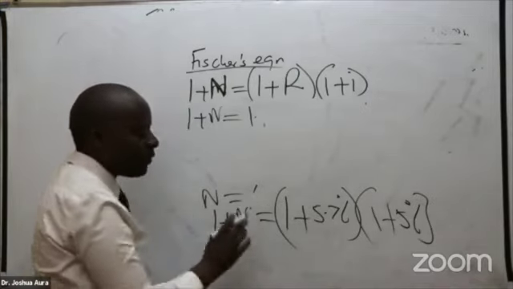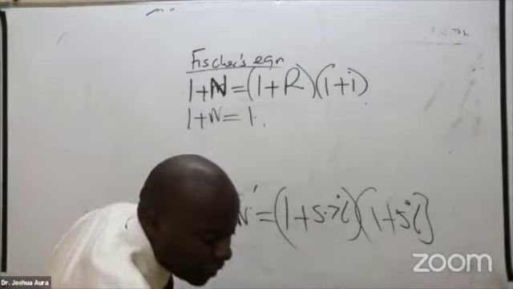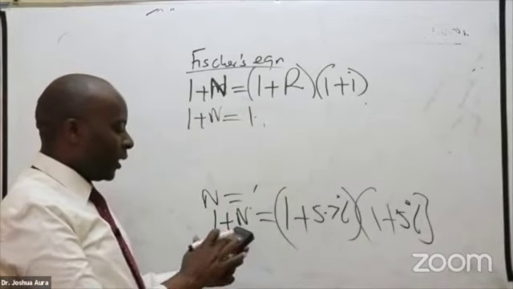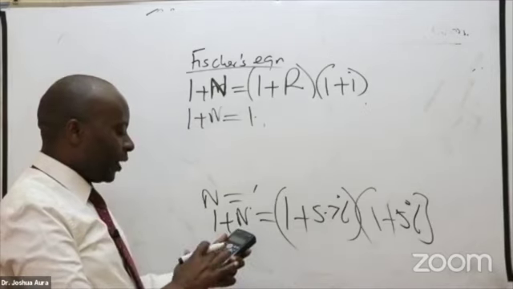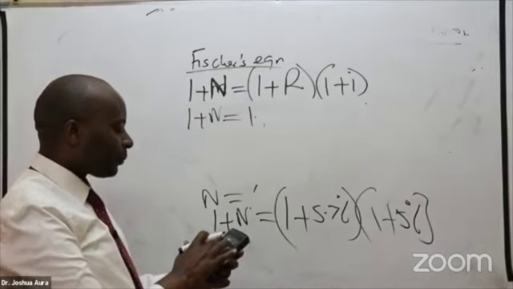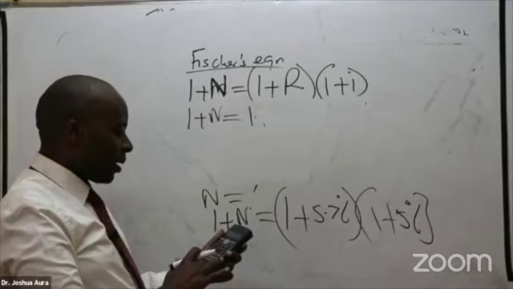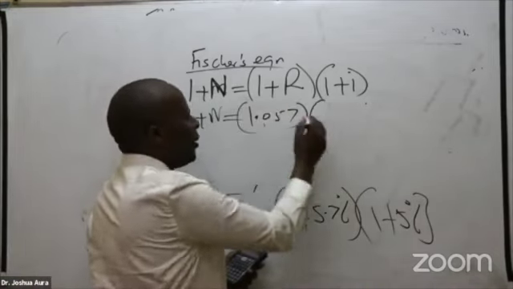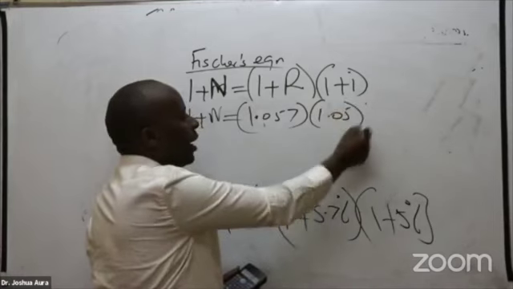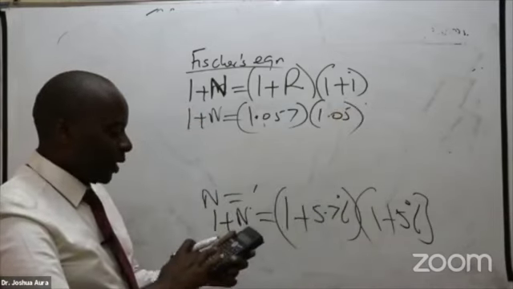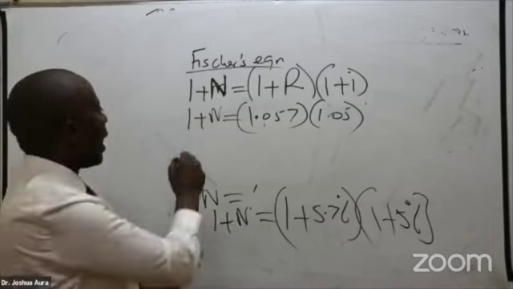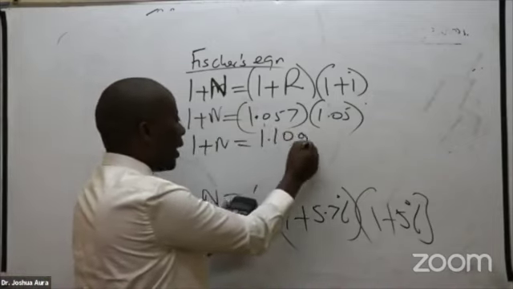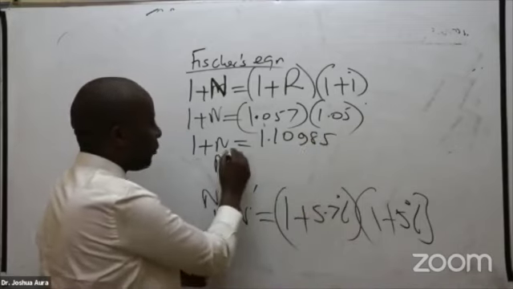So 1 plus 5.7%, if you have a good calculator, normally rely on your calculators, we'll talk over 1 plus 5.7 divided by 100, which will give us 1.057 times 1.05. Go ahead and do your multiplications times 1.05. I'm able to get my 1 plus nominal being 1.10985. So I want to be left with a nominal alone.